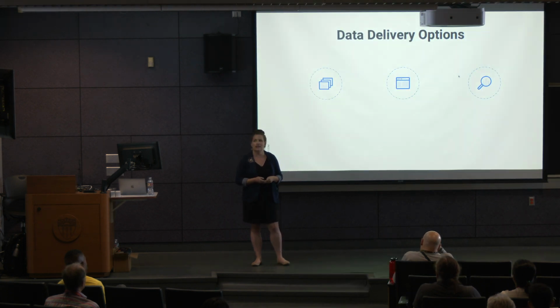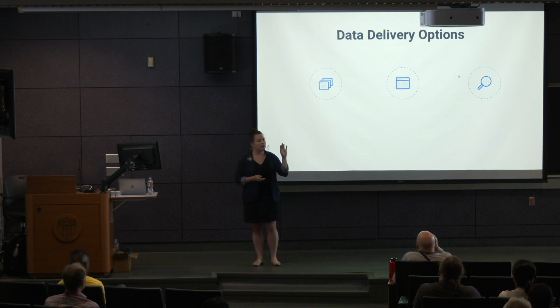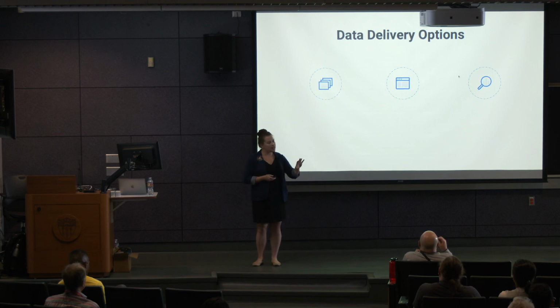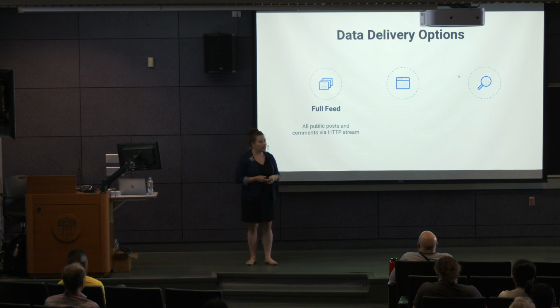Okay, talking about the specifics around the data delivery options. Like I mentioned, we have built the process for use case vetting. We also have built enterprise-ready APIs. And there are 3 different data delivery options. First, we have a full feed. To access the full feed, you're just connecting to an HTTP stream, and this contains every post and comment that's happening on Reddit.